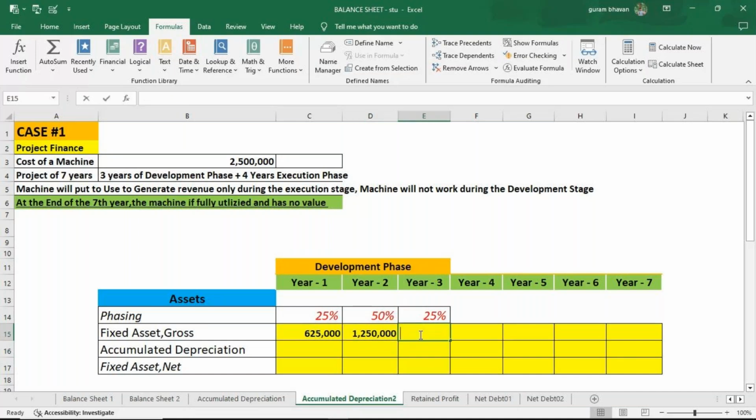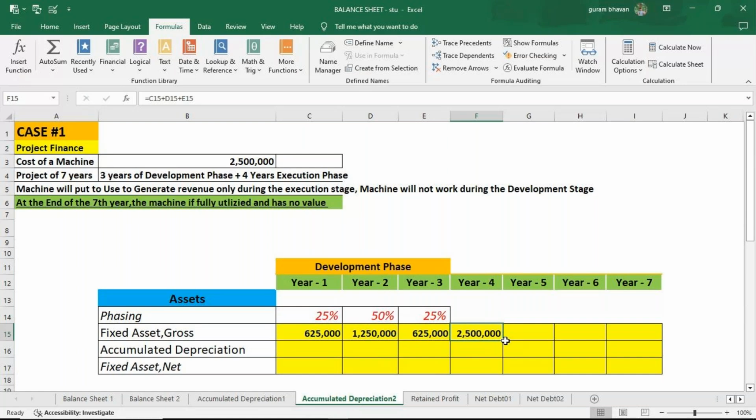Here equals 25 lakh into 25%. So here the fixed assets gross has varied. From the 4th year the value is going to remain the same, which will be equals first year plus the second year plus the third year. So it is 25 lakh.